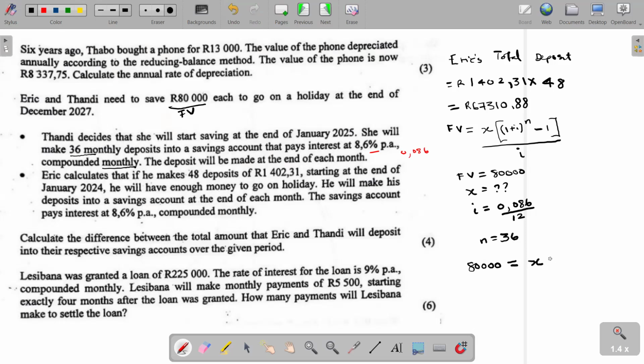Then we have a bracket, which is going to be 1 plus our I, which is 0.086 divided by 12, to the power n, where our n is 36, minus 1, all over I, which is 0.086 all over 12.